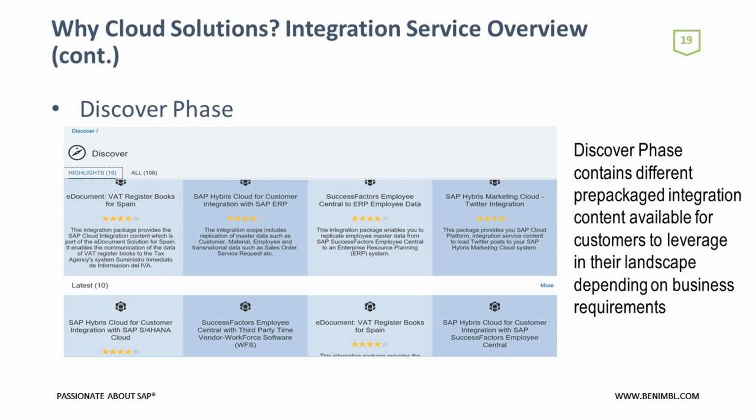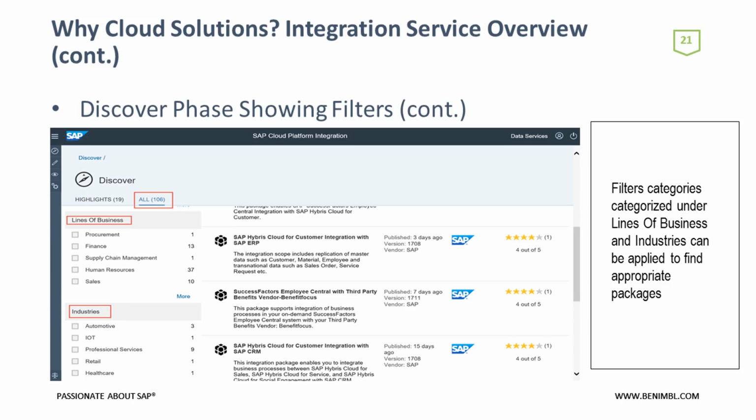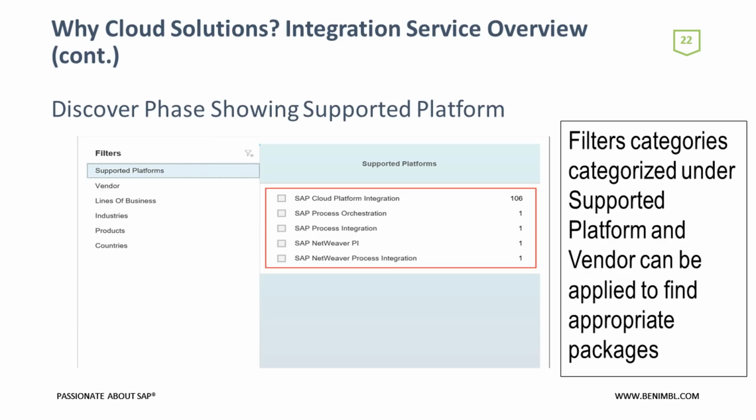This is the phase where they can search for the packages, and discover phase is facilitated with filters for classifying the products. It has filters for products, countries, and going further, filters for line of business and industry, and also the platforms, depending upon which customers will have the ability to find the appropriate package and use it as is in their landscape.